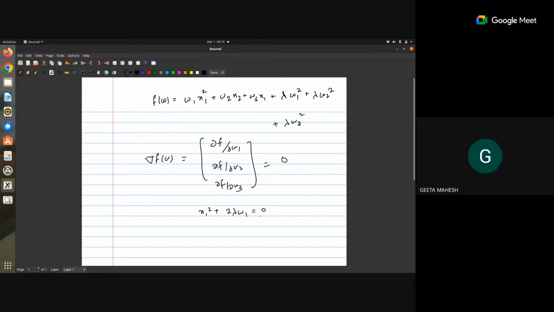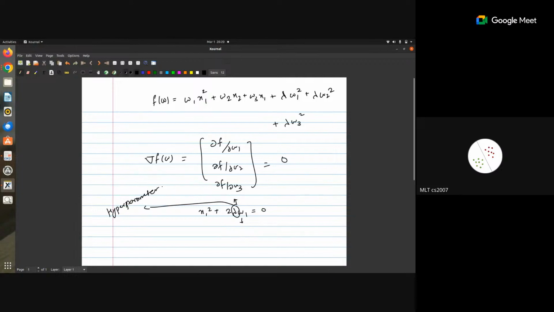So what if your value of lambda is higher, what will happen to w1? It will go down, close to 0, right? That's how it will penalize your w1s, because we don't know w1, we are trying to find those w1s.